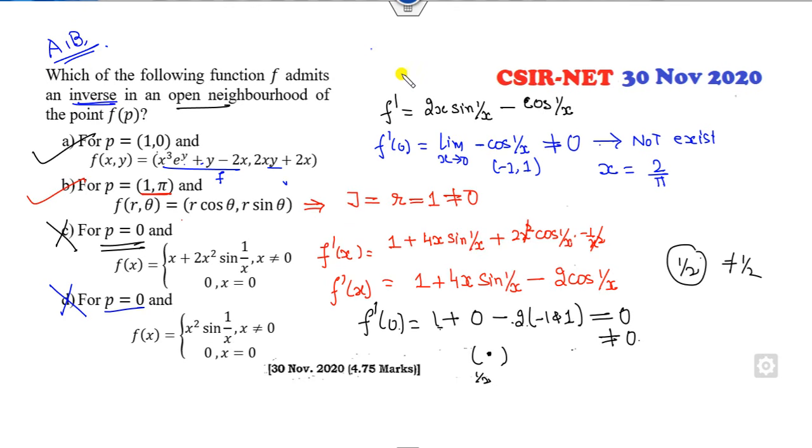Moreover, if I write here n also, then again there is no problem, because this will go to 0 as n approaches infinity at the point 0.